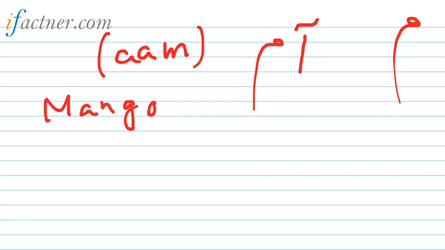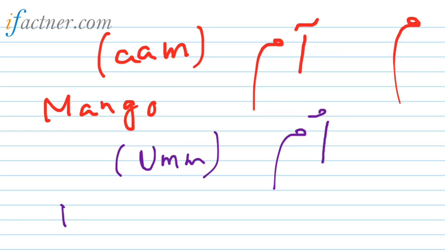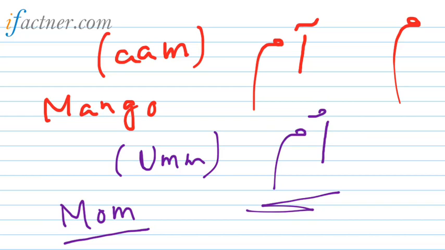And then there is a word that usually means mom, but it's an Arabic word, so usually we use ammi, alif, mim, choti ye, ammi in Urdu. Ammi means mother or mom.